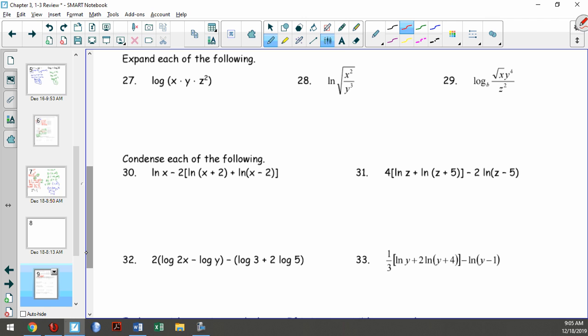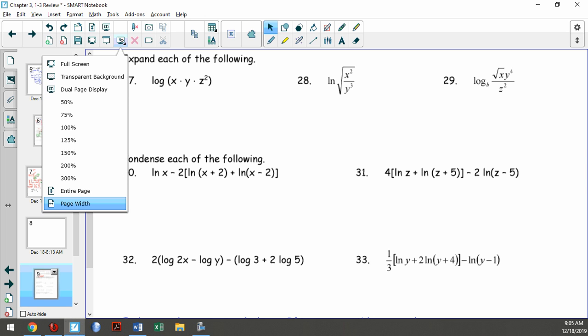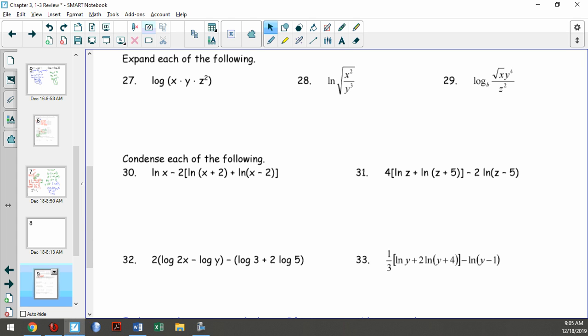Okay, expanding and condensing. So if we're expanding and condensing, which one would you like me to do? 27, 28, or 29? 29, I heard? Okay, so if we're doing 29, I don't have a lot of room there.